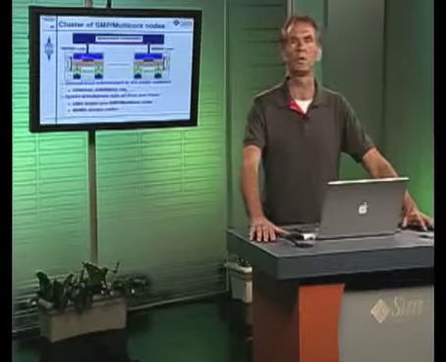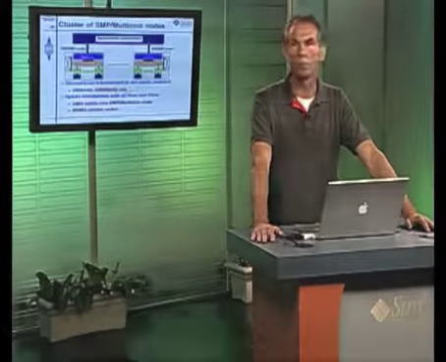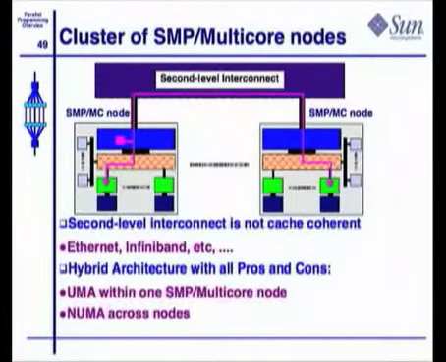Once you have these two basic architectures, you can start mixing and matching, and then we talk about a hybrid architecture. A cluster of SMP or multi-core nodes, for example. Each node in my system could be a small or bigger multi-core system or an SMP system. And within that one system, I have full cache coherence and flat memory access. Memory access time is always the same.